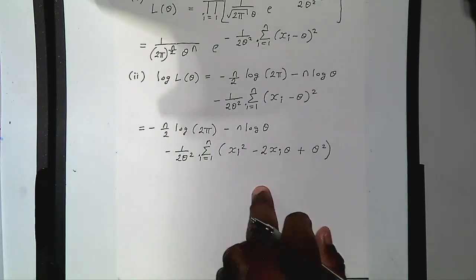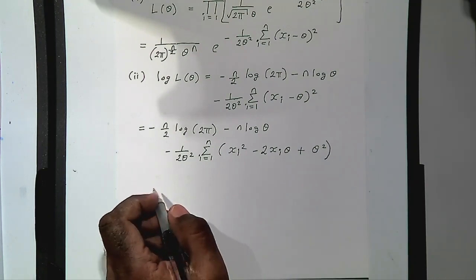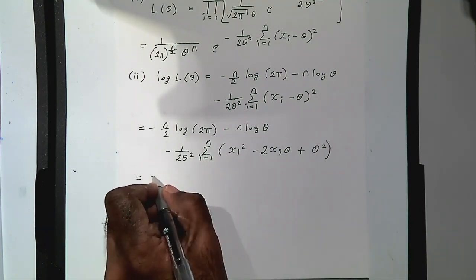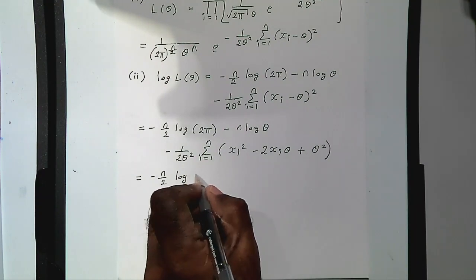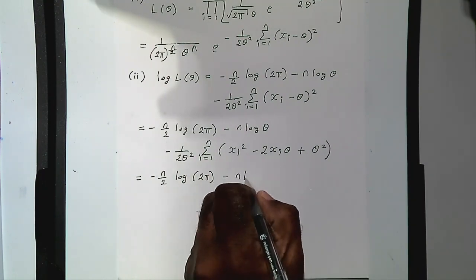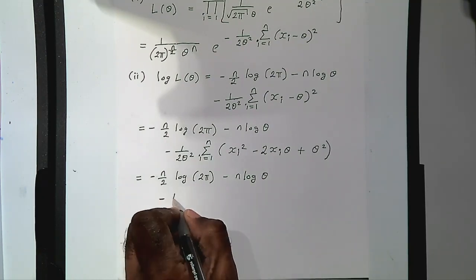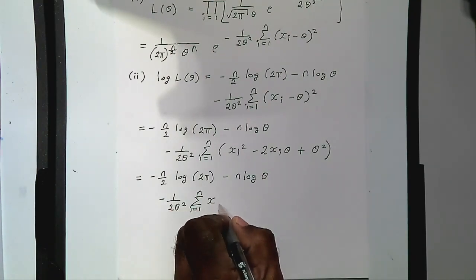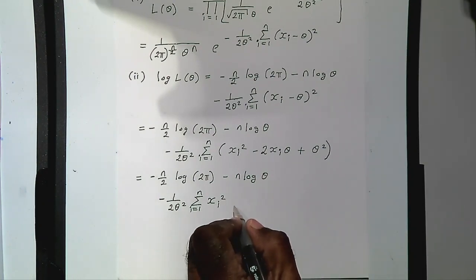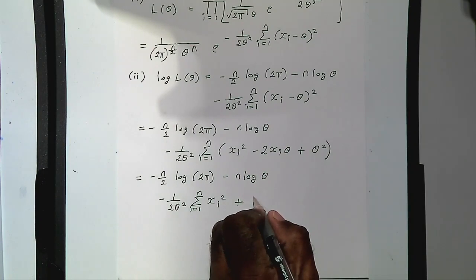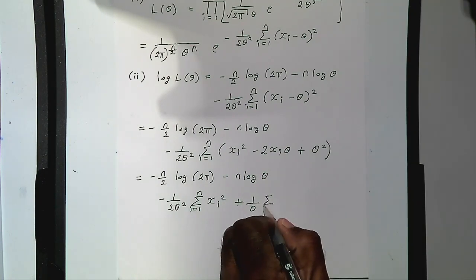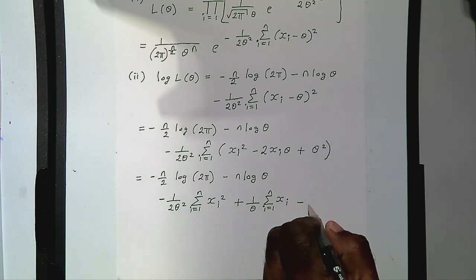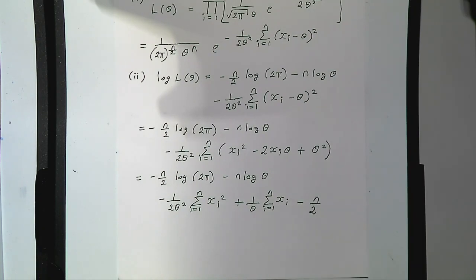Now I'm going to take the sum inside the brackets, right? And also divide by 2 theta squared. So it's going to be, yeah.